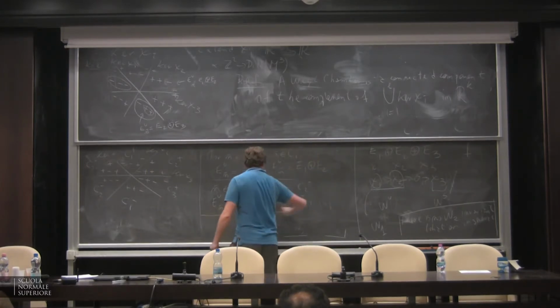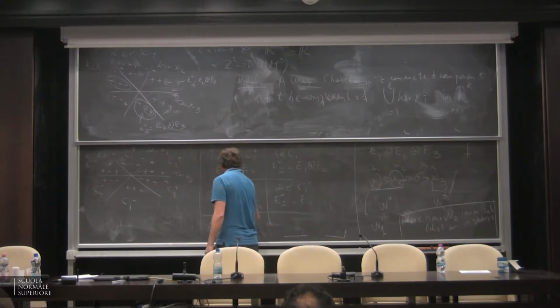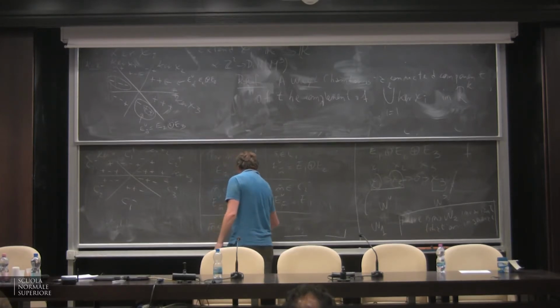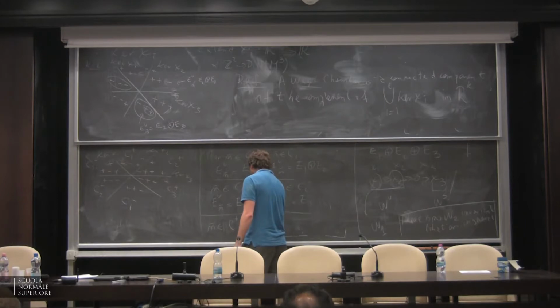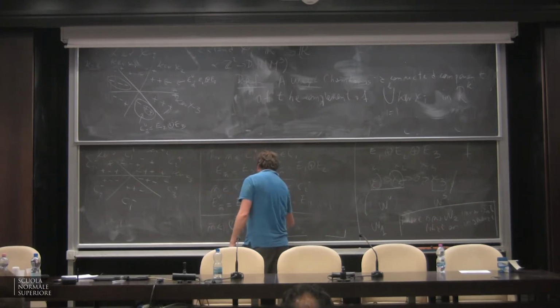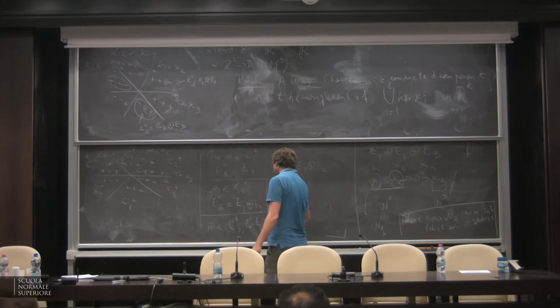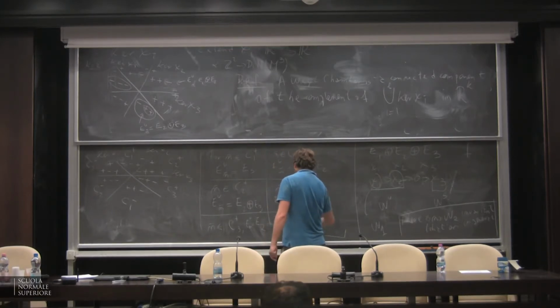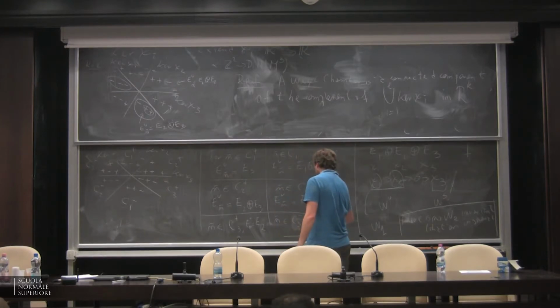Finally, if I take n in C3 plus, EU of n is E1 plus E2, and for C3 minus, EU of n is just E2. And when I have n in C3 minus, EU of n becomes just E1.